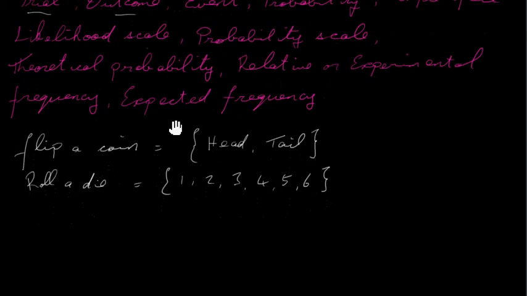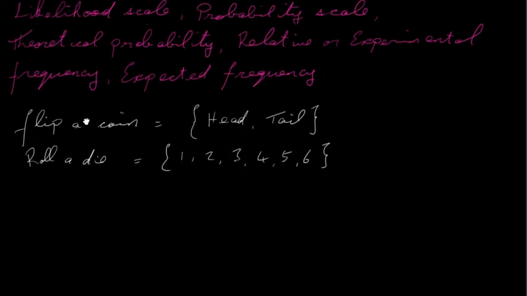Now, I'm going to have a look at these two particular scales here. One is called the likelihood scale and the other is called the probability scale. The likelihood scale is just the probability scale in words, if you like, in English.